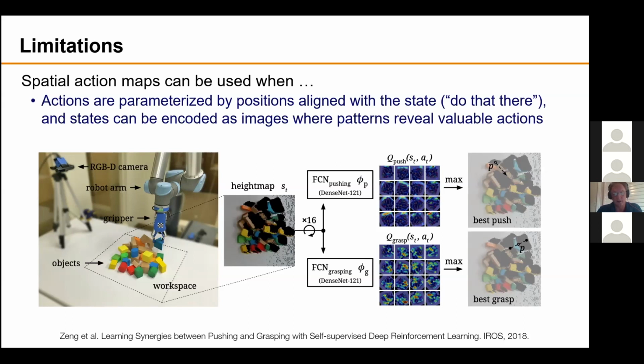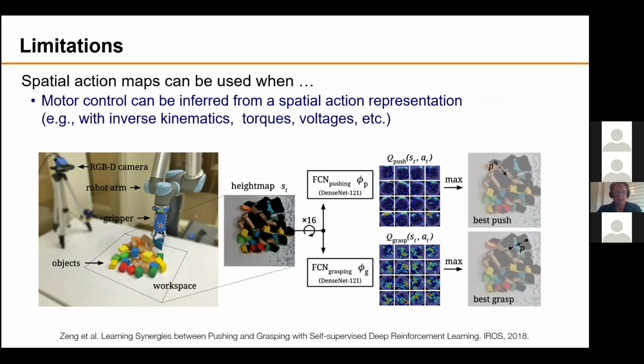So the same idea applies to pick and place, but of course it can't apply to all possible problems in robotics. It's also applicable only when the actions, represented as do this action at this location, can be executed by a planner with motor control based on that input.